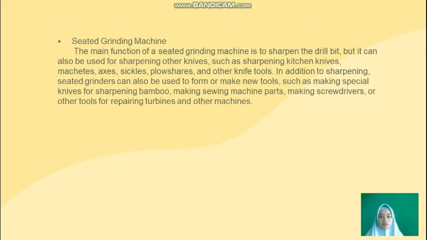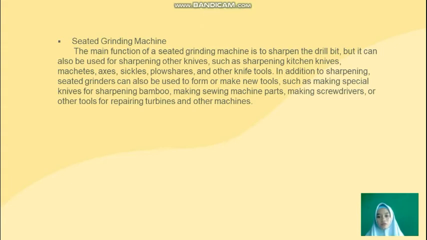Static grinding machine. The main function of a static grinding machine is to sharpen the drill bit, but it can also be used for sharpening other knives, such as a kitchen knife, machetes, axes, sickles, plows, and other tools.